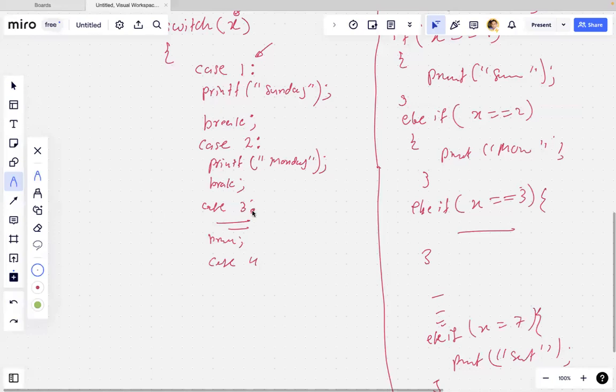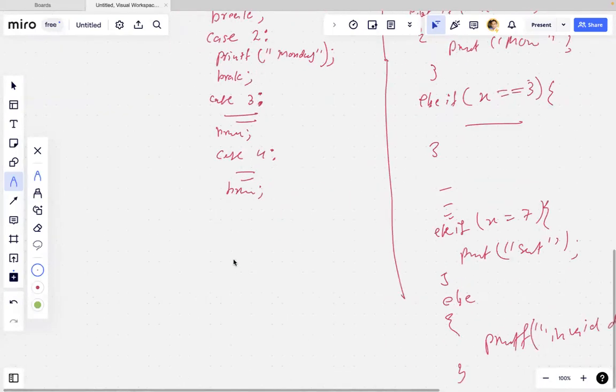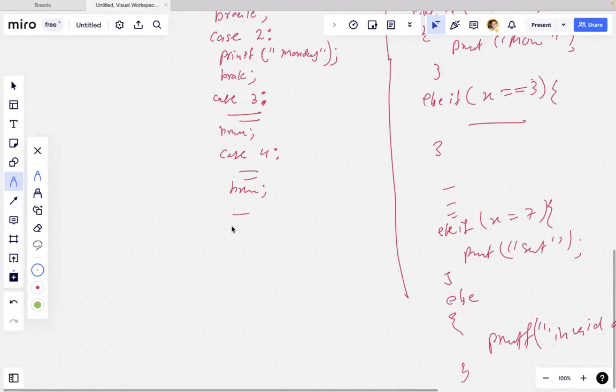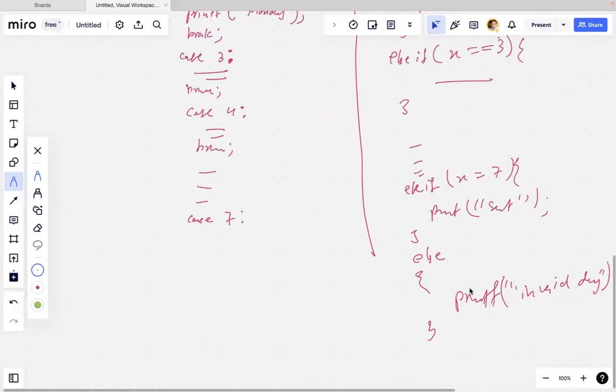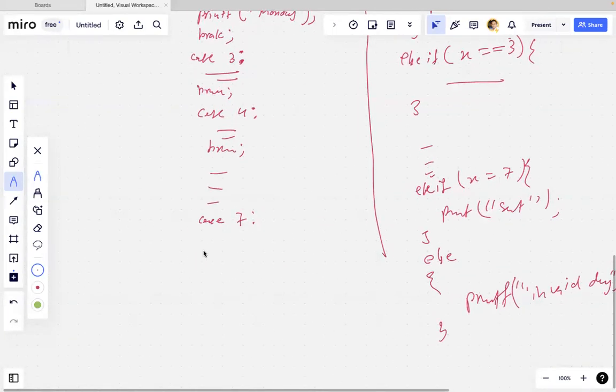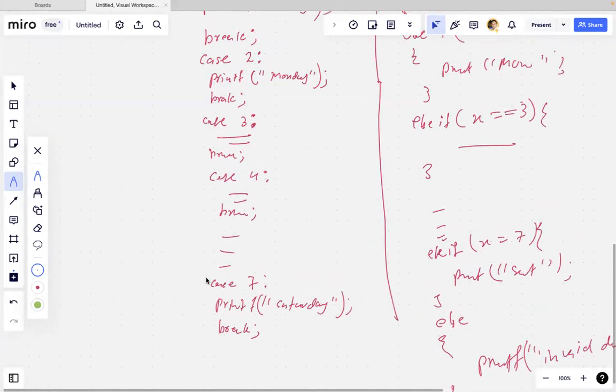Okay, this is a colon. Break. Likewise, you can go up to case 7. Case 7 is Saturday. Then break.